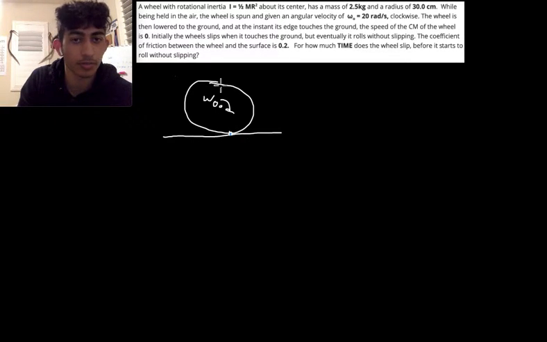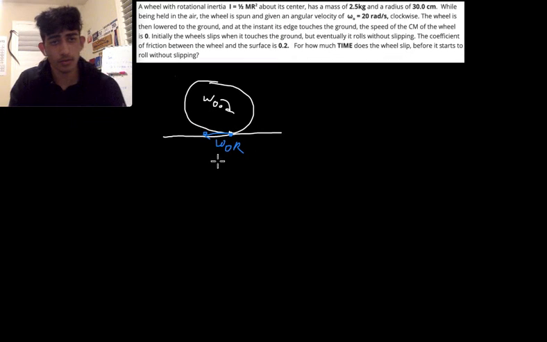There's no such thing as rigid bodies in real life. Material science doesn't come that far, but if we have this wheel, hypothetically, theoretically, we should just have one point touching the ground. And the velocity of that point, due to this rotation, will be, of course, omega naught times r. So what does this cause?